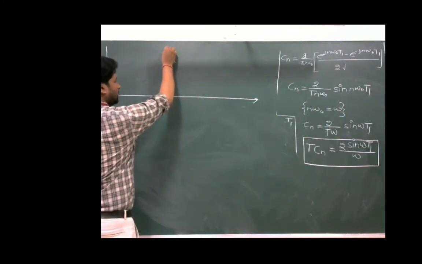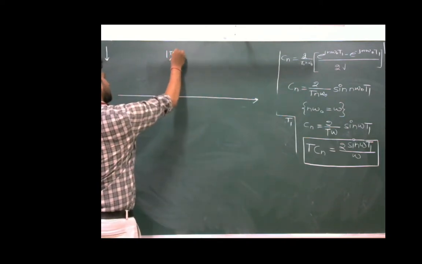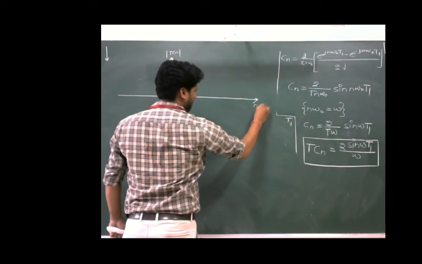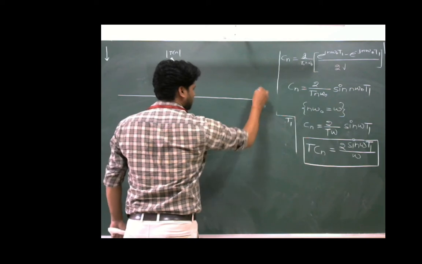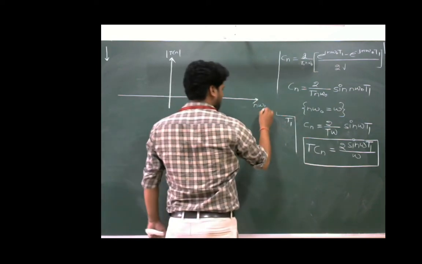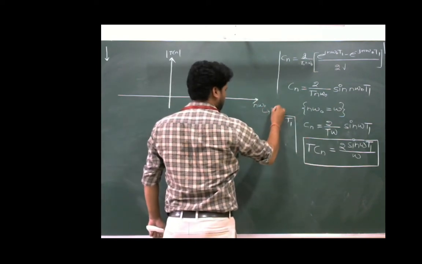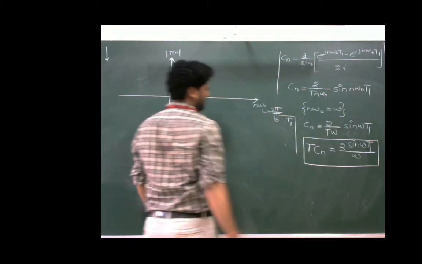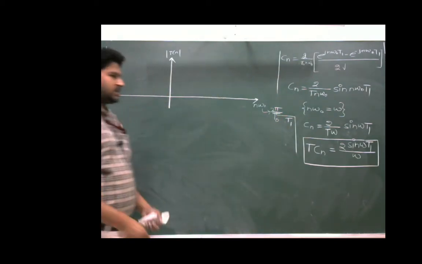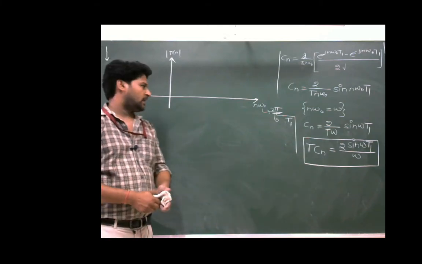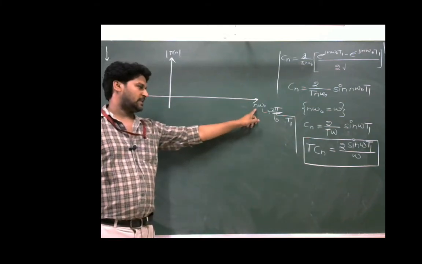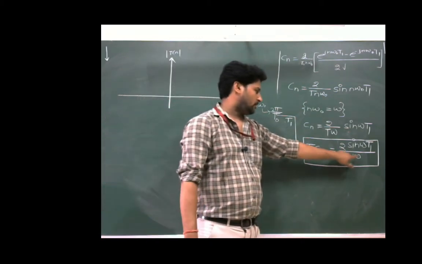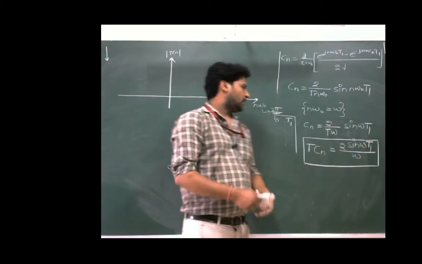Here it is mod of t times Cn, and here is n omega naught. Omega naught is constant. Omega naught is equal to 2 pi by the fundamental period of the signal t naught. Omega naught is constant, n will vary from minus infinity to plus infinity. That's why this term omega will also keep varying.